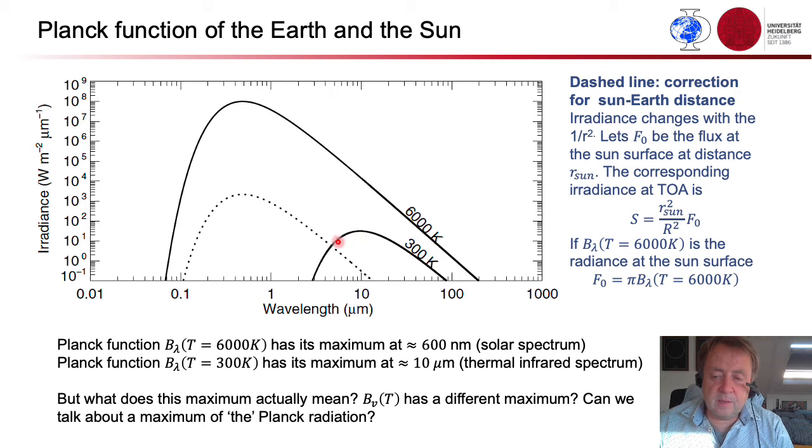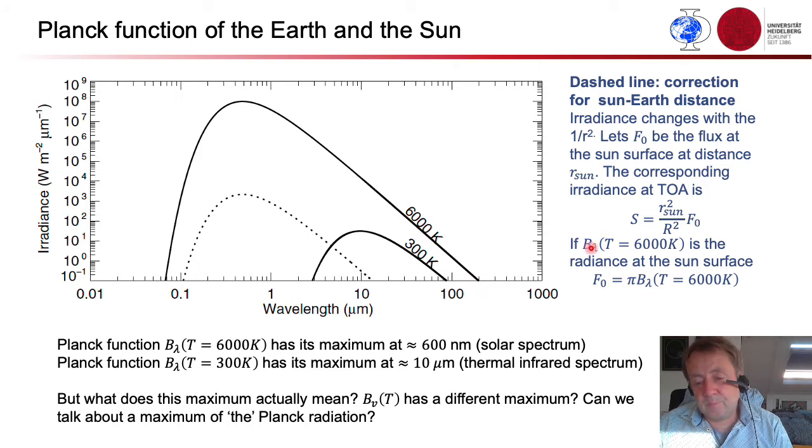It means that the solar irradiance changes with r_sun squared, that is the sun radius, divided by the distance between sun and Earth, also squared, times the flux at the surface of the sun.